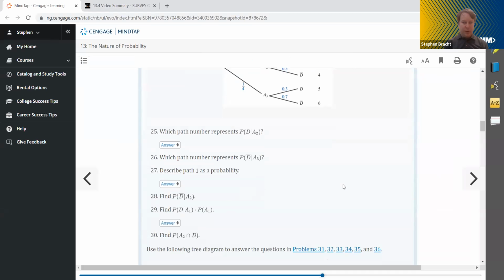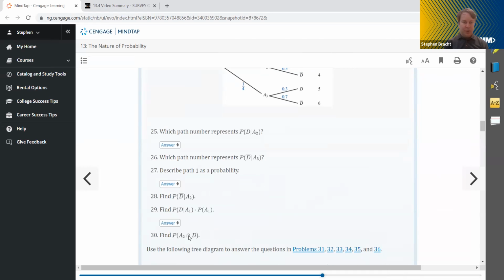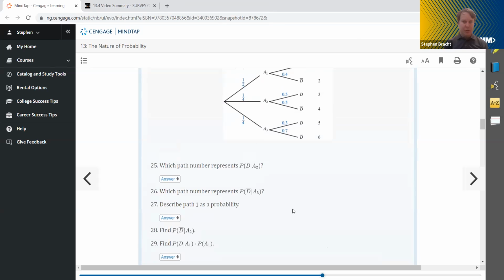And then for 30, it says find the probability of the intersection of A2 and D. When you see an intersection, you could also just replace that with the word and, saying what's the probability of A2 and D? For an intersection, the mathematical operation there is also a multiplication.